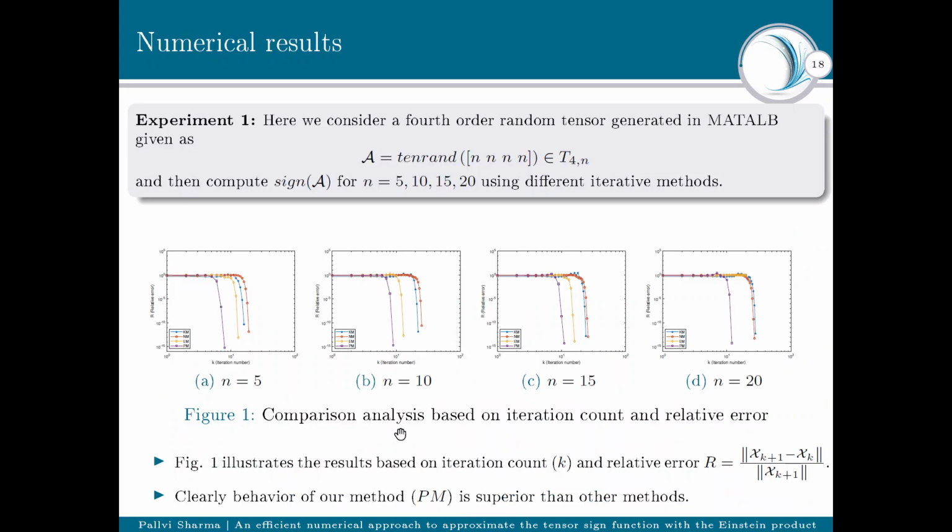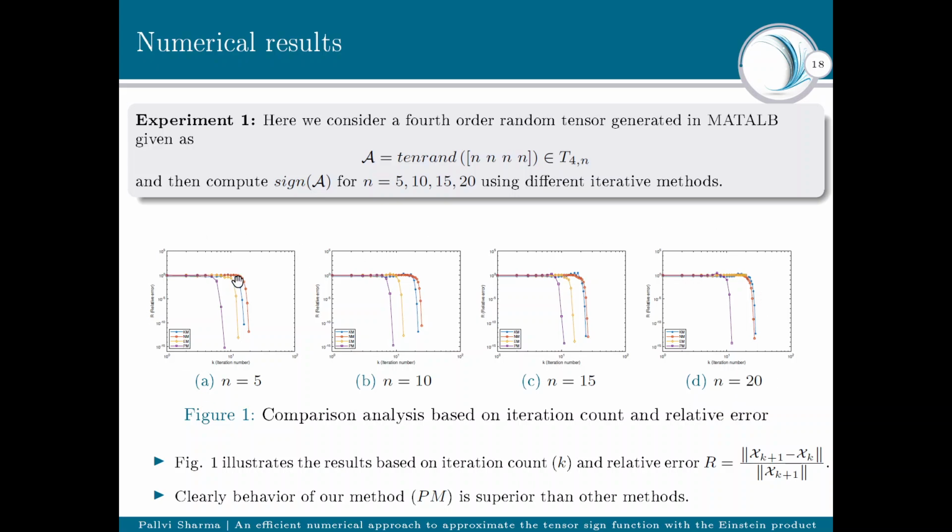So let's consider the first experiment, in which we have taken a random tensor generated in MATLAB with order 4, and we have defined its dimension as n and considered different cases for different values of n. So when we put n is equal to 5, then it becomes a random fourth order 5-dimensional tensor. We can see for n is equal to 10, 15, and 20 also.